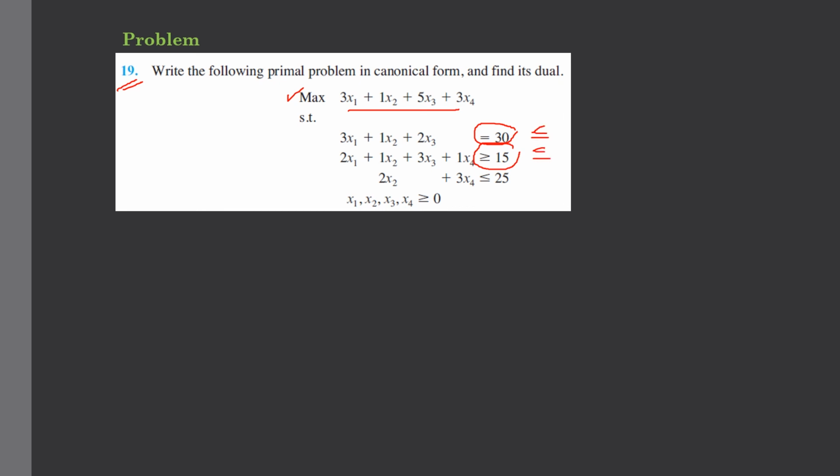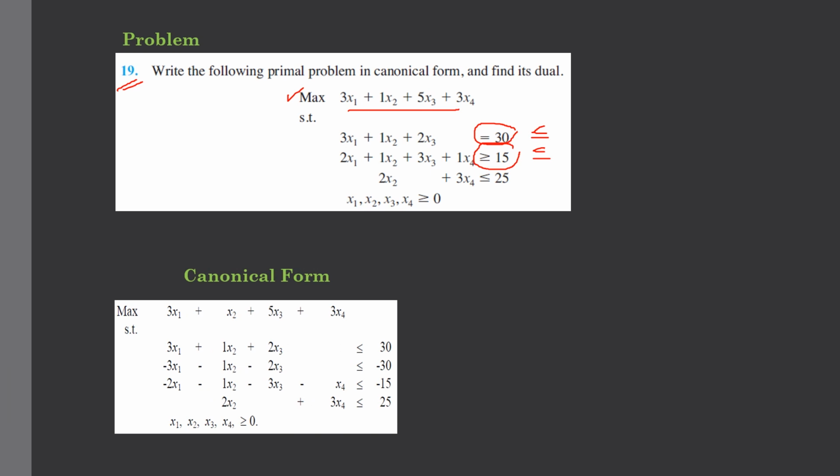So first we will convert the given original problem or primal problem into its canonical form. Here is its canonical form, and in this canonical form problem is of maximization and all constraints are of less than or equal to. There are non-negativity constraints. So this satisfies the requirement for canonical form.